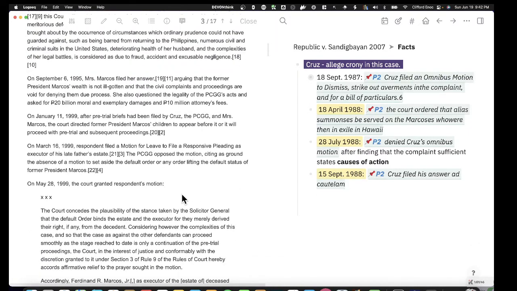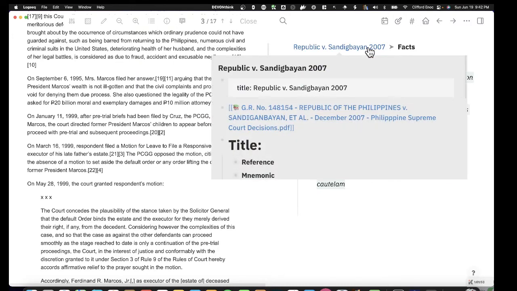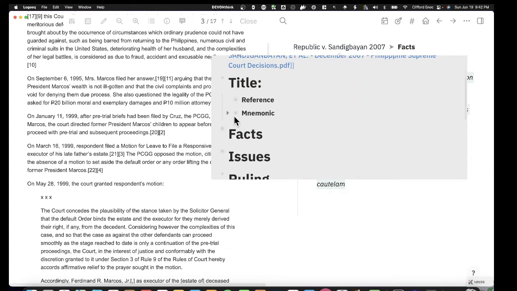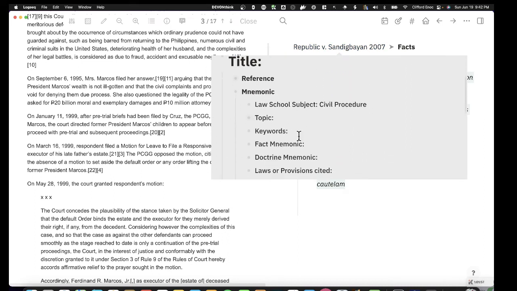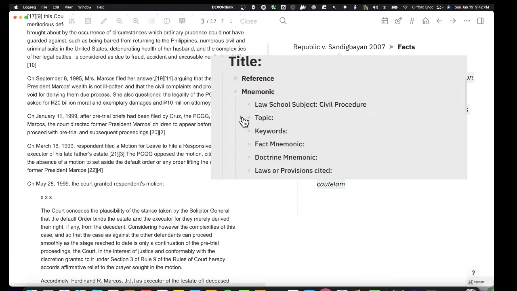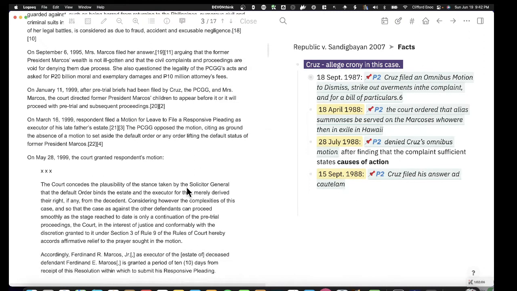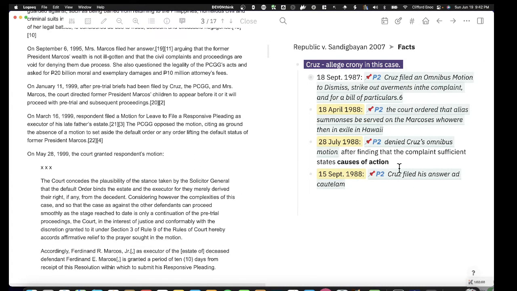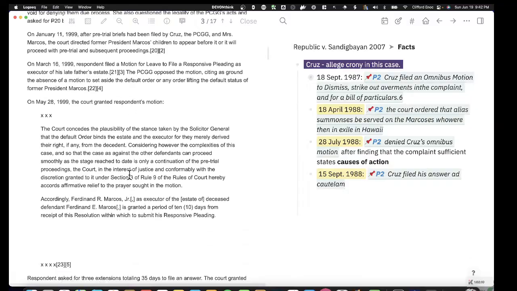Kasi, will not forget that our topic is about, tawag nakalagay doon. Topic is when applied for purpose bill of particulars. Okay. So I think ito na yung mga nangyari and then respondent motion.